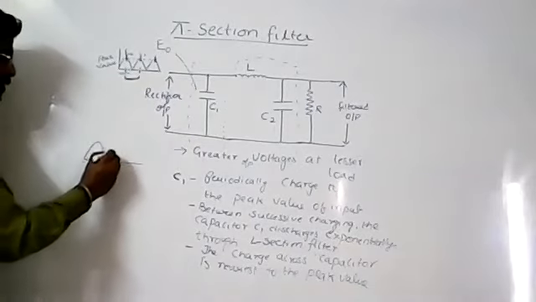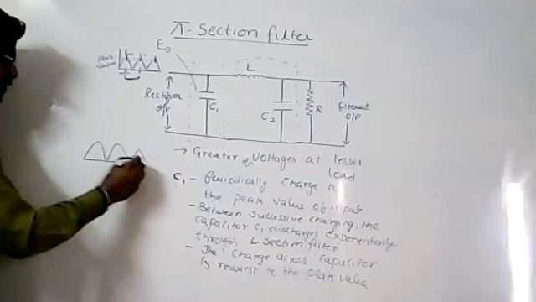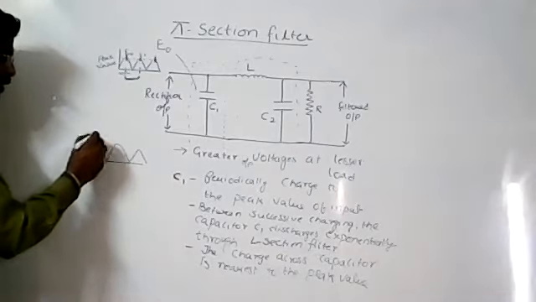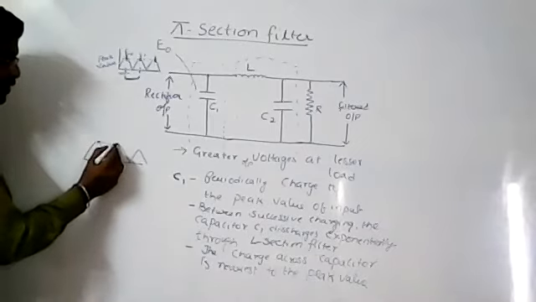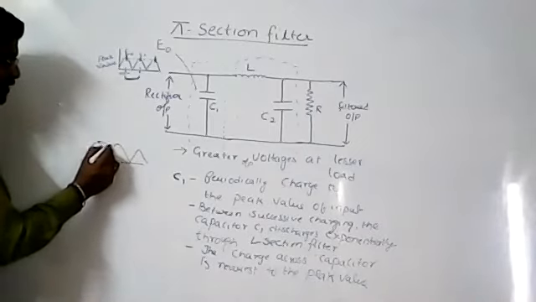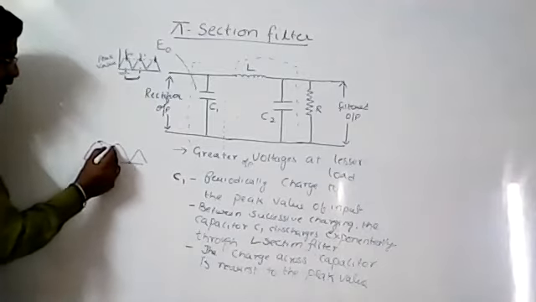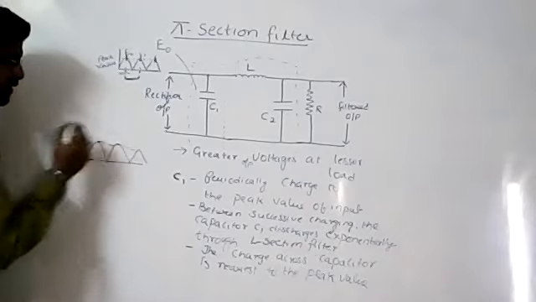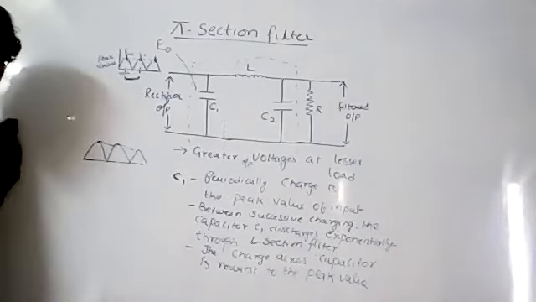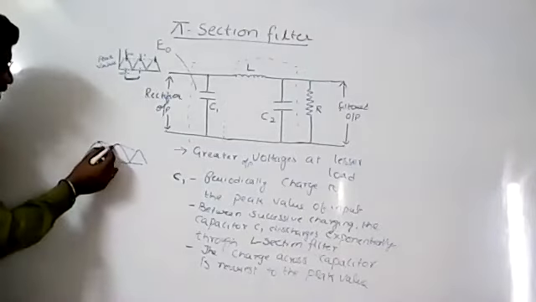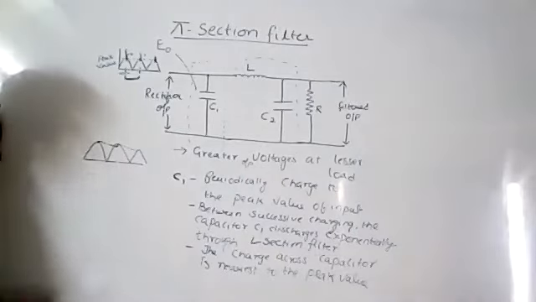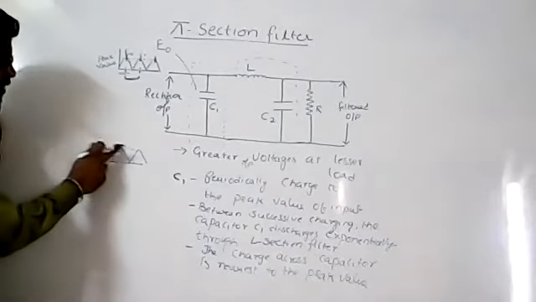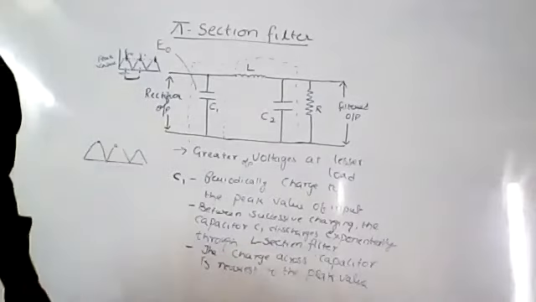So this is an input signal. Now the capacitor will be charged to this maximum value, then it will try to discharge exponentially. By the time it reaches this point, it is charged again, goes to the maximum point, and starts discharging.